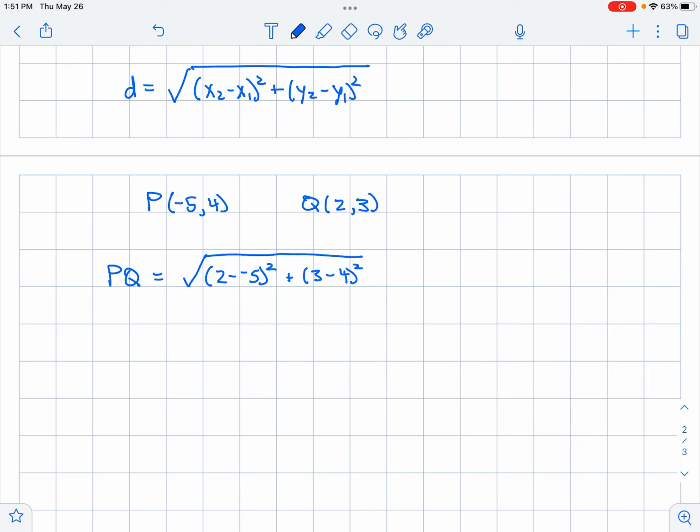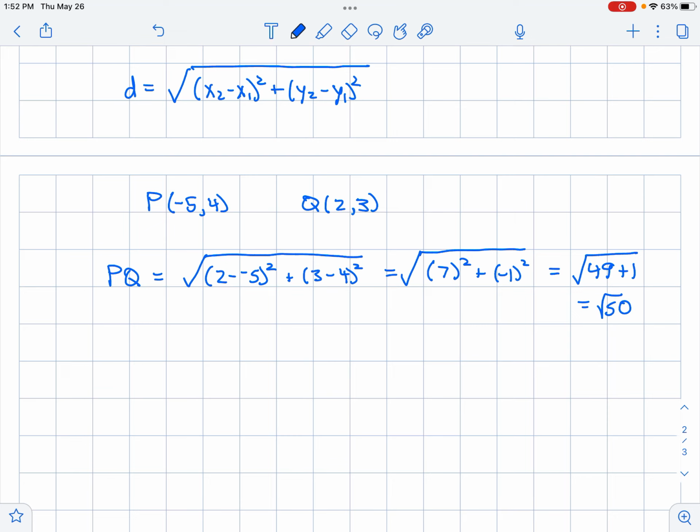And this is going to be the length of that segment. So it's going to be 7 squared, which is 2 plus 5, plus -1 squared. So that's the square root of 49 plus 1, which is the square root of 50.